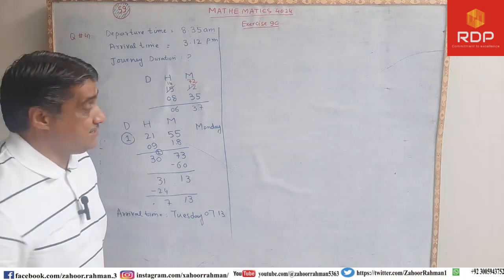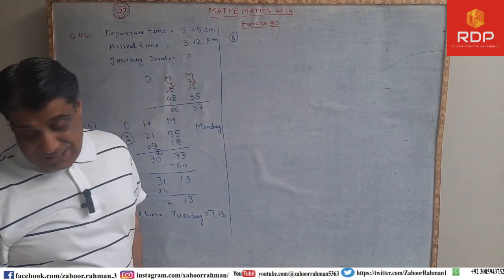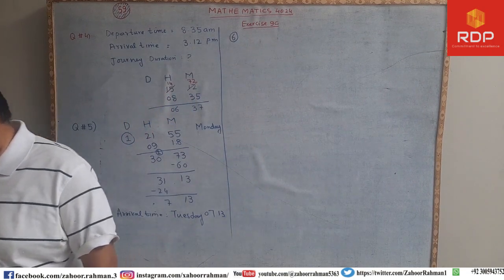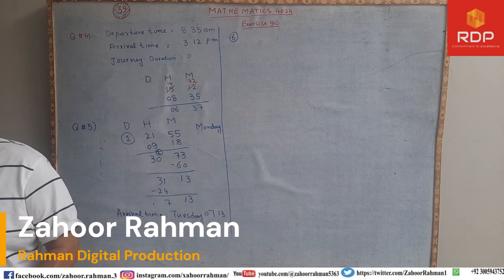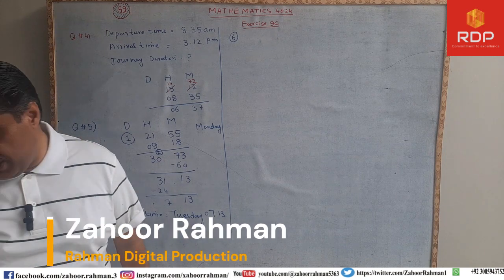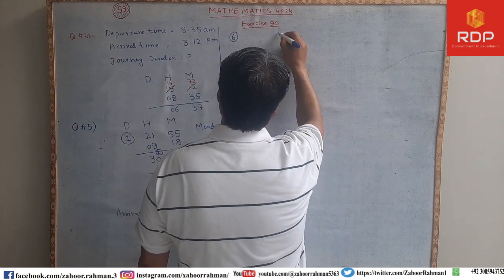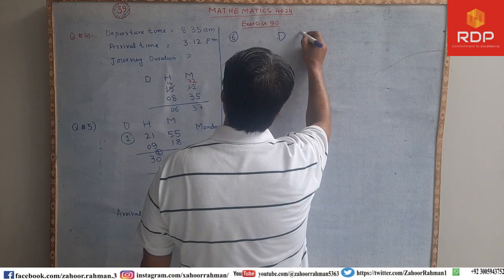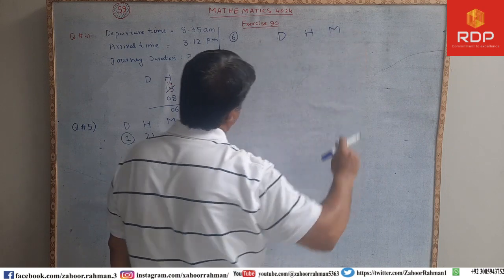Okay, now question number 6. Question number 6 is saying a car arrived at a town at 15:06. So directly I am writing DHM.